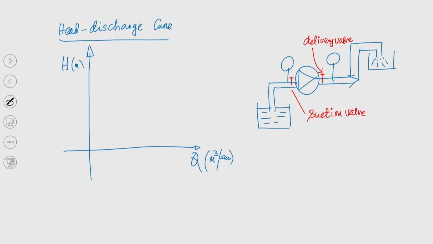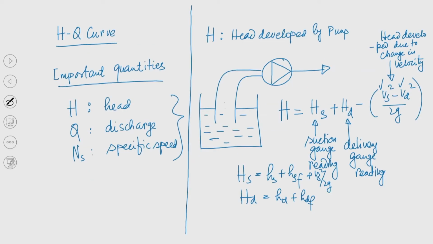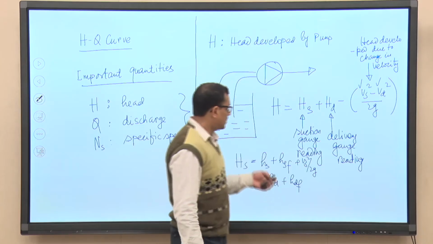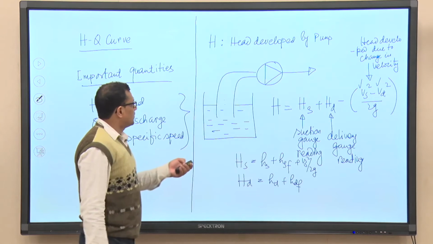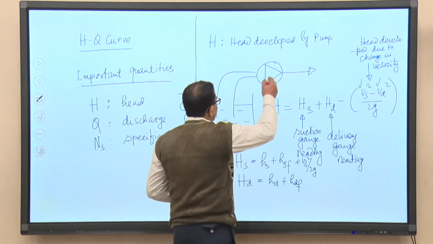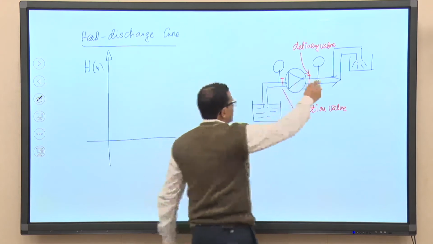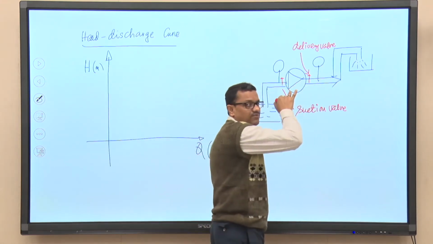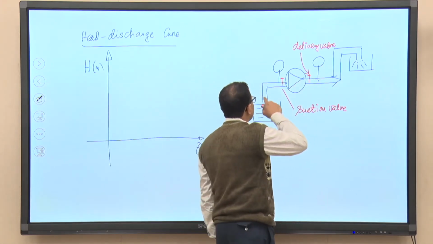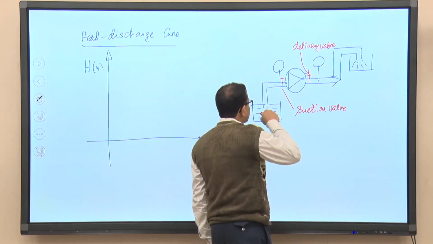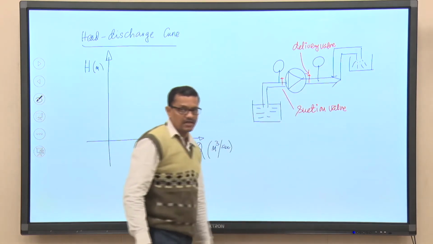Okay. Now, the delivery valve is remaining fully closed, so there is no flow through the delivery pipeline. Now, if I go to the previous slide wherein I have written the net head developed by the pump, there is no flow, then Vd will be equal to 0, right. But when the pump is running, the suction valve is remaining fully open, so definitely there will be flow of liquid from this reservoir to the pump inlet, right.